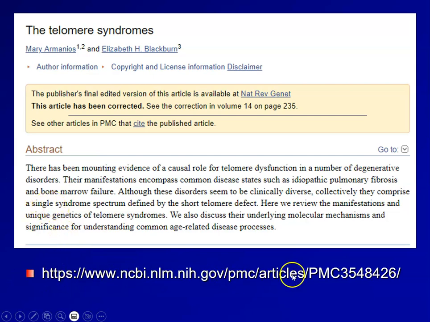Here's a link to where you can access that article. And just understand that this is a normal process of aging, but some age-degenerative diseases are actually caused by shortening of chromosomes and loss of that very precious genetic information after the telomere has been already degraded.